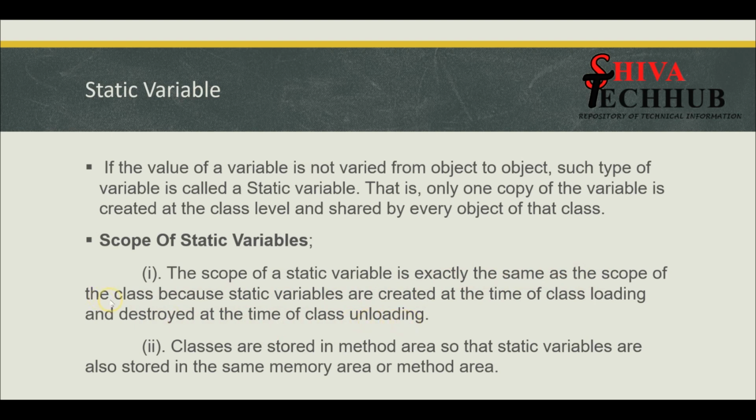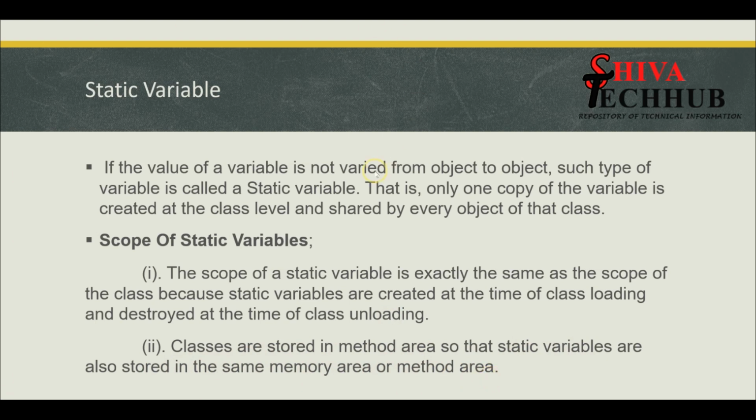In the previous slide, it was related to the object, right? The definition was the same because instance variables are created at the time of object loading and destroyed at the time of object unloading. In this case, since we are using the class to access the variables, the definition is created at the time of class loading and destroyed at the time of class unloading. Okay. So classes are stored in the method area, so static variables are also stored in the same memory area, the method area.